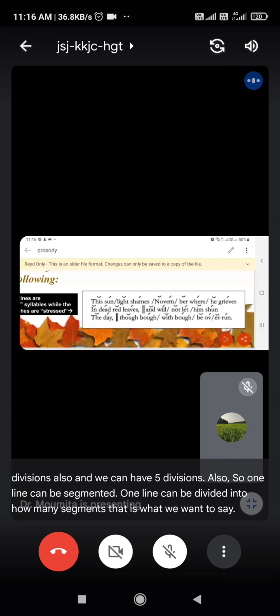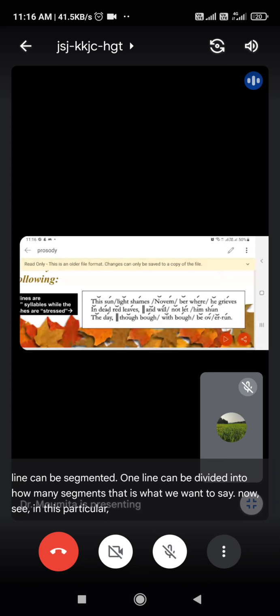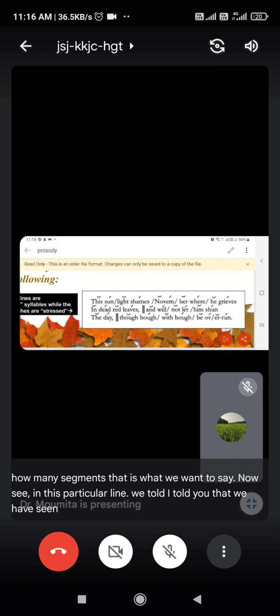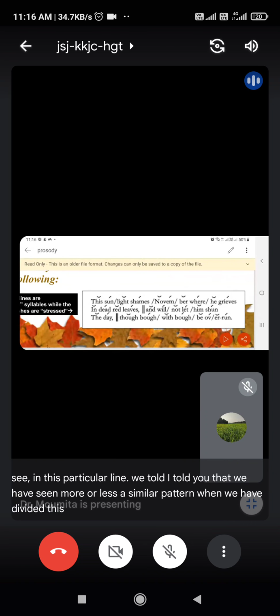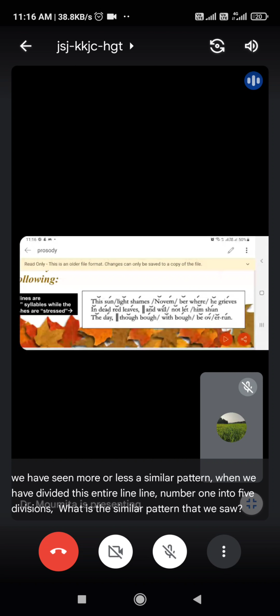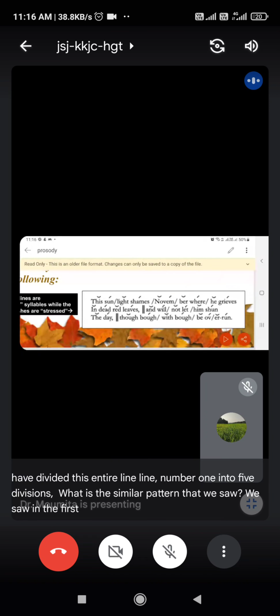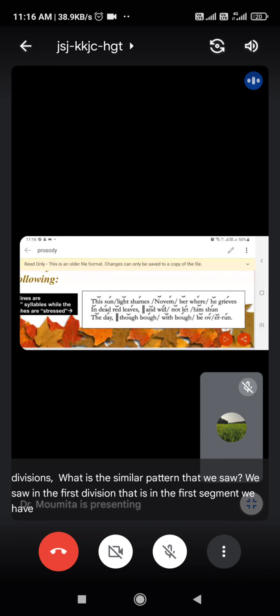Now see, in this particular line, I told you that we have seen a more or less similar pattern when we have divided this entire line number 1 into 5 divisions. What is the similar pattern that we saw? We saw in the first division, that is in the first segment, we have this sun.